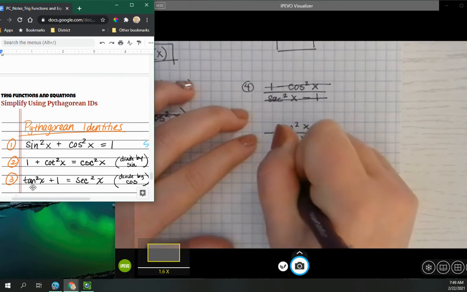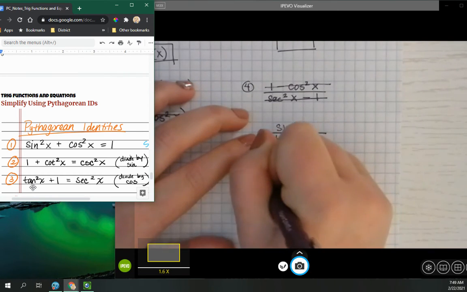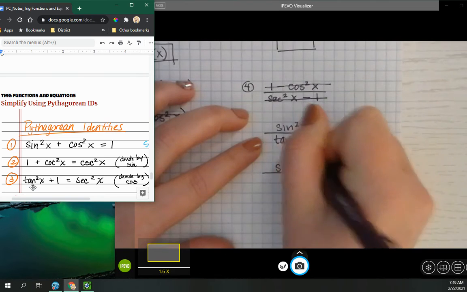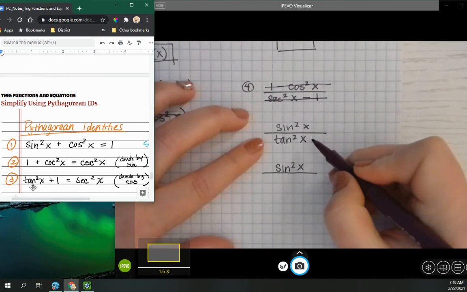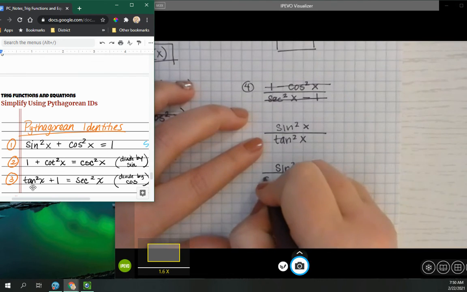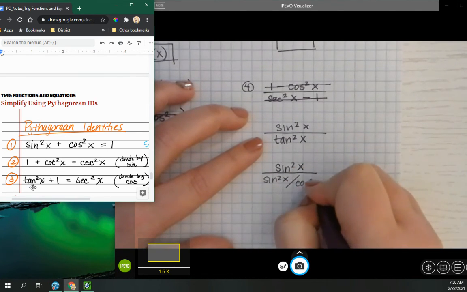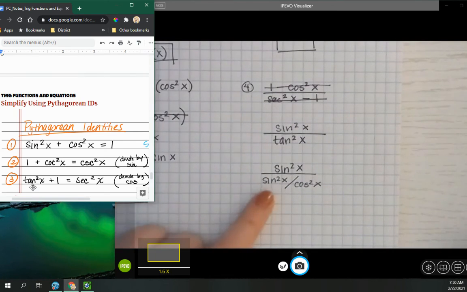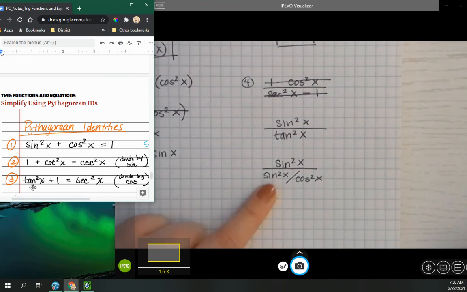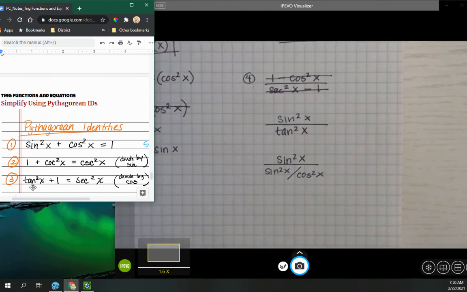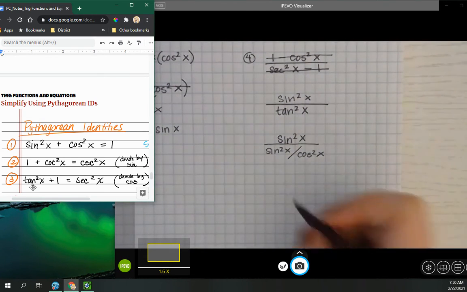This gives me a sine squared on the top, and I'm going to rewrite tangent as sine and cosine. Tangent is sine over cosine. We cannot divide by a fraction. We multiply by the reciprocal. So let's take a look at what that looks like.